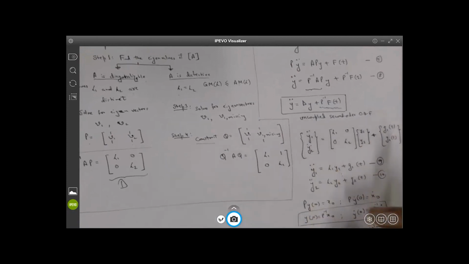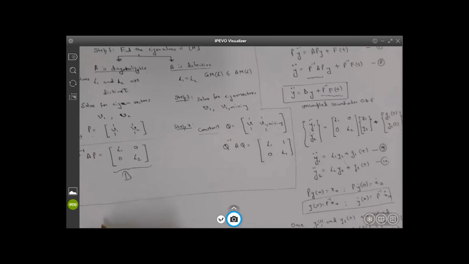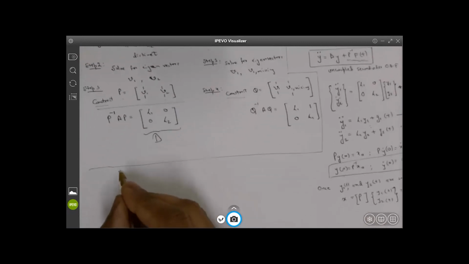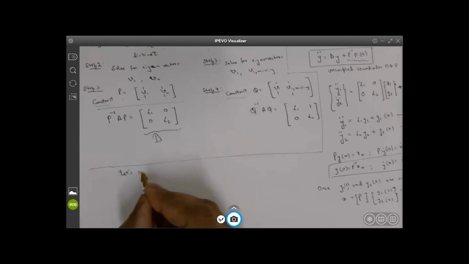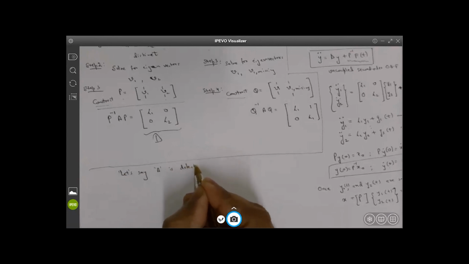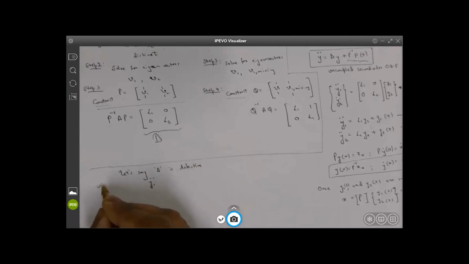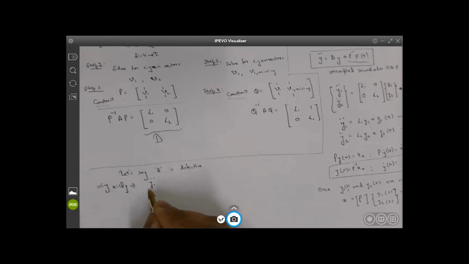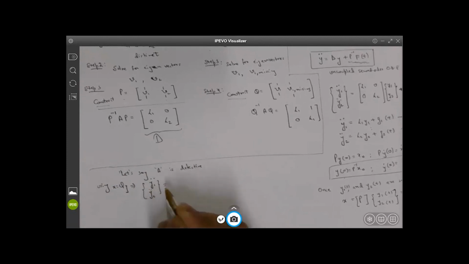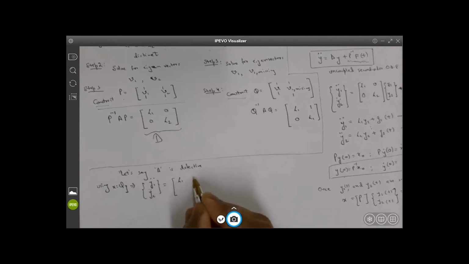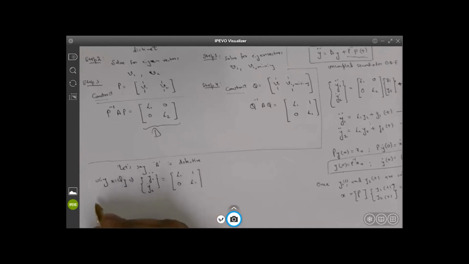So for example, let's say A is defective. Then using x equals Qy, I will get y1, y2 double dot equals the matrix lambda 1, 1, 0, lambda 1. That is in Jordan form because we know that Q inverse AQ will be in Jordan form.